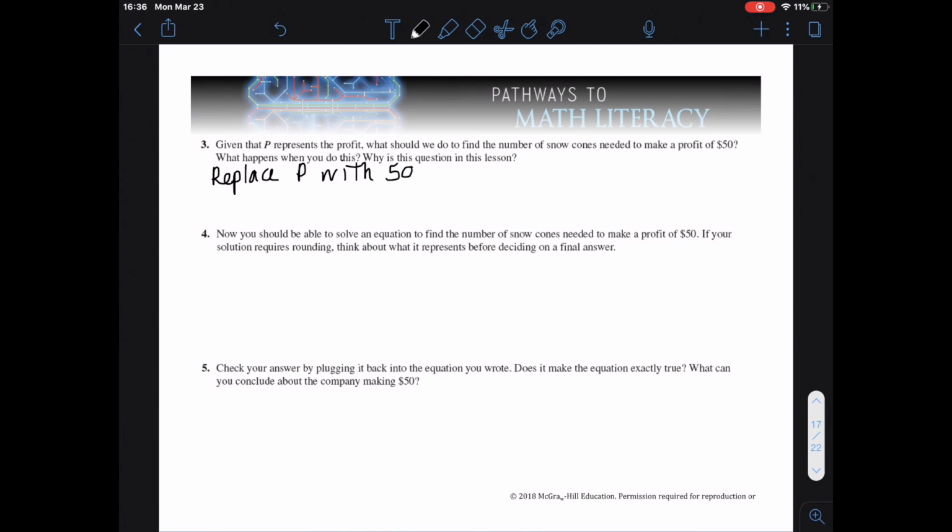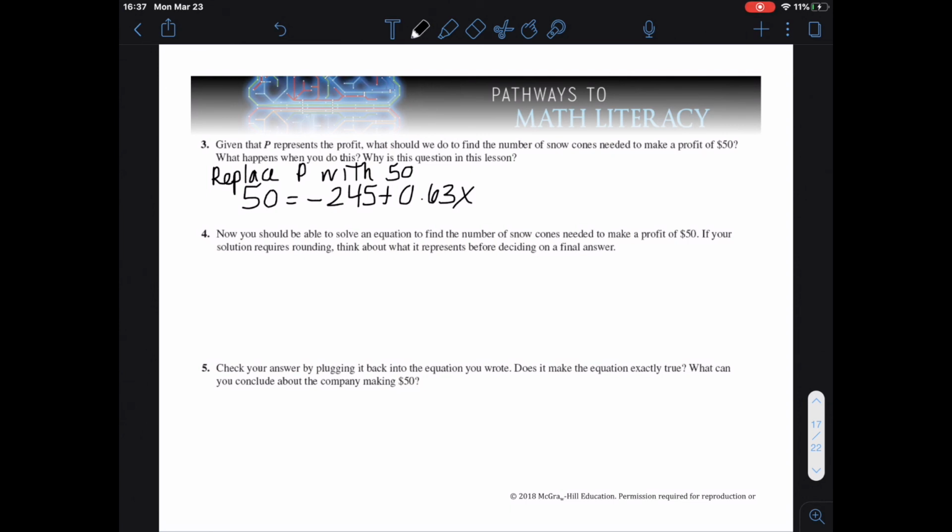So you would get 50 equals negative 245 plus 0.63x. So now we only have this one variable left. We can use the tools we learned in this lesson to solve this equation. That's exactly what this next one does. We want to figure out how many snow cones.